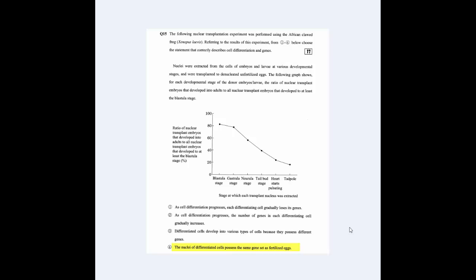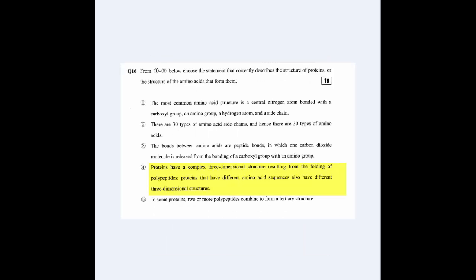The following graph shows, for each developmental stage of the donor embryo, the ratio of nuclear transplant embryos that developed into adults to all nuclear transplant embryos that developed to at least the blastula stage. The answer is 4. The nuclei of differentiated cells possess the same genes as fertilized eggs.